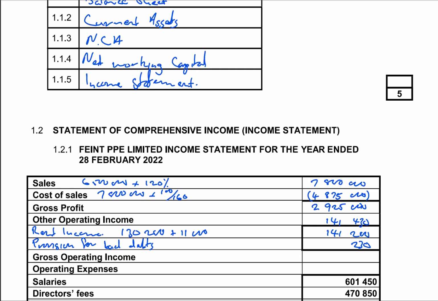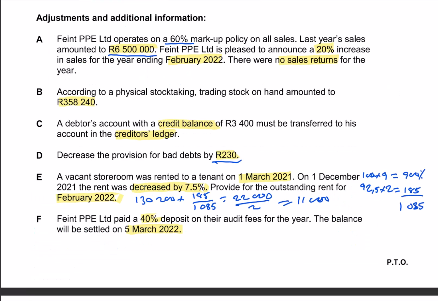Wait a minute, I think I did something wrong here. Wait, let me just recalculate this. That's 130,200 times 185 divided by 1085.